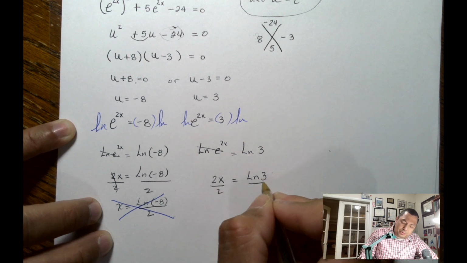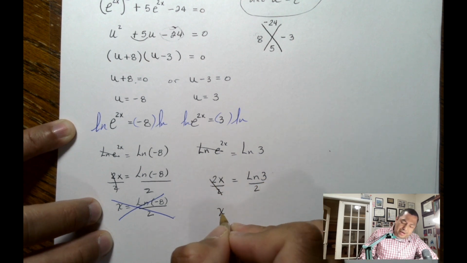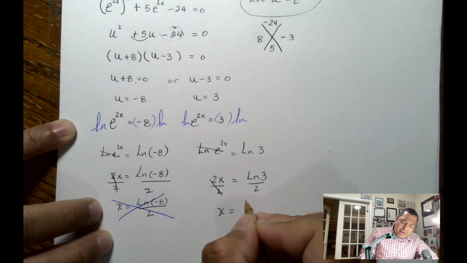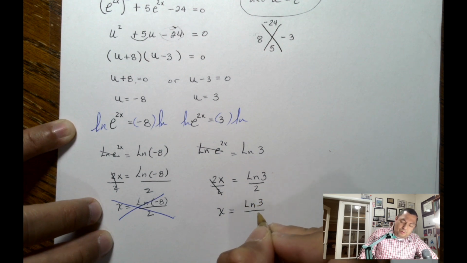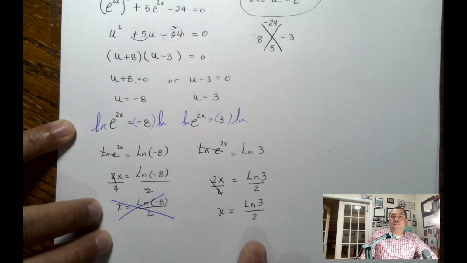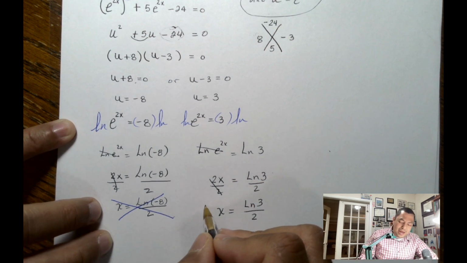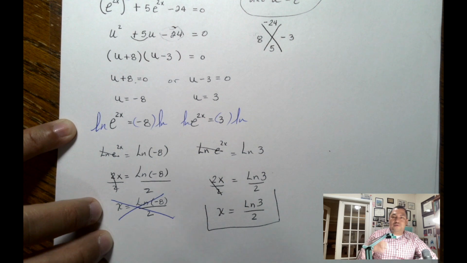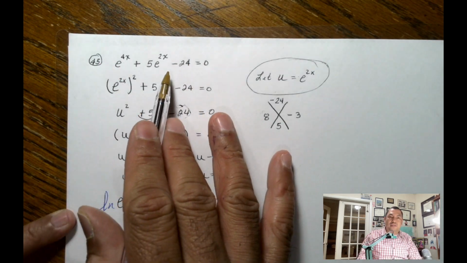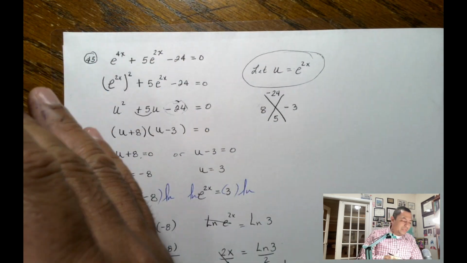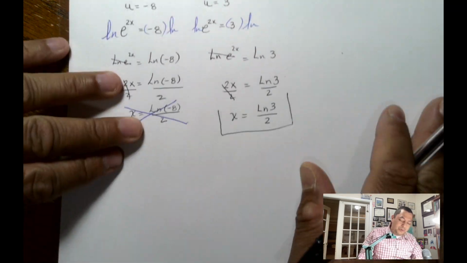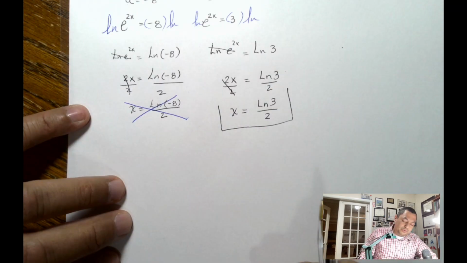Then we divide by 2 both sides of the equation, so x equals ln 3 over 2. This ln 3 is positive over 2, so it's a positive solution. I'm going with this one. You can prove it. You can go back to the original equation, plug in everything in the calculator, and you're going to get the number checking equal to 0.